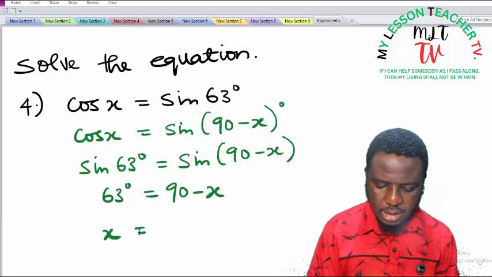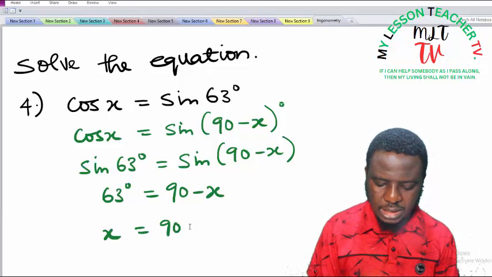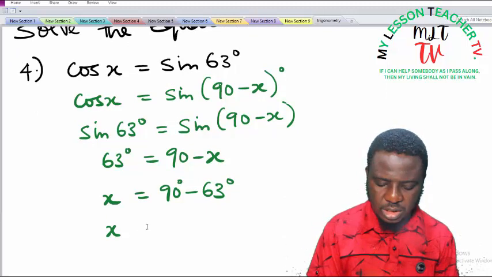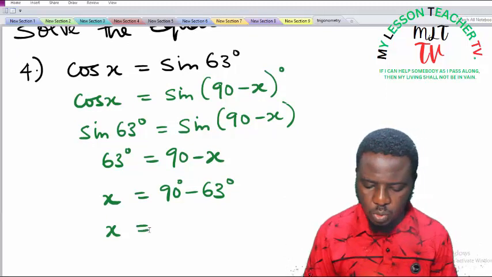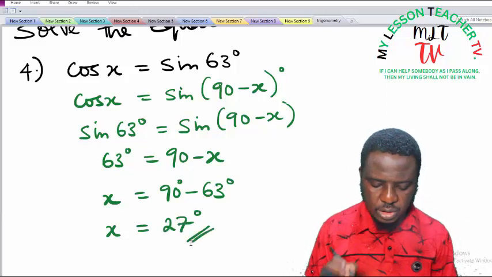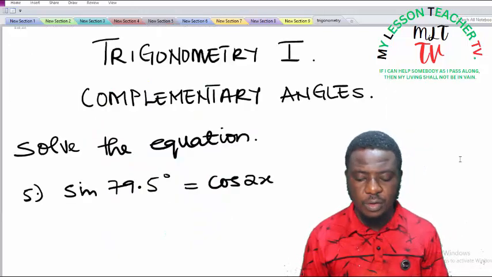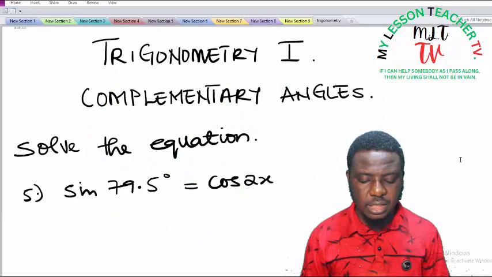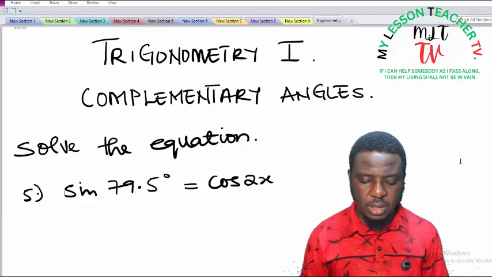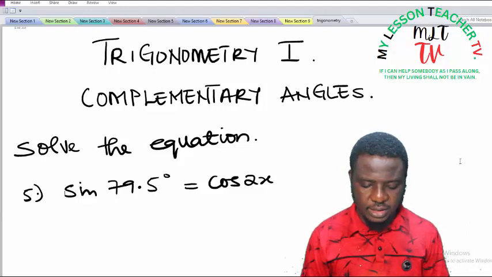That is, x now will be equal to 90 minus 63 degrees. So 90 degrees minus 63 degrees is equal to 27 degrees. Question 5, we have it that if sine 79.5 degrees is equal to cos 2x, we should find the value of x.